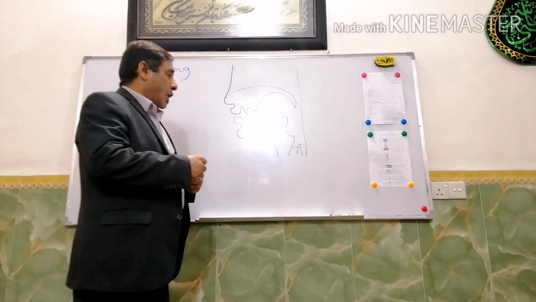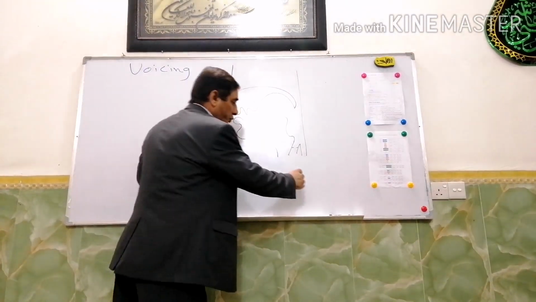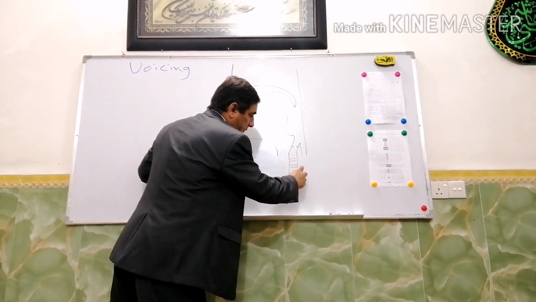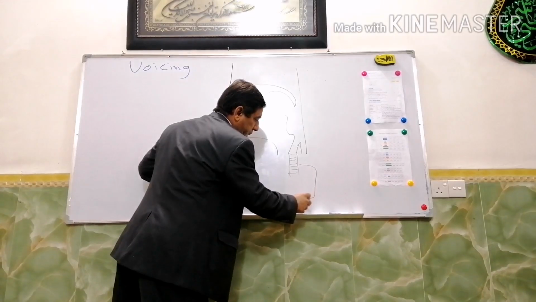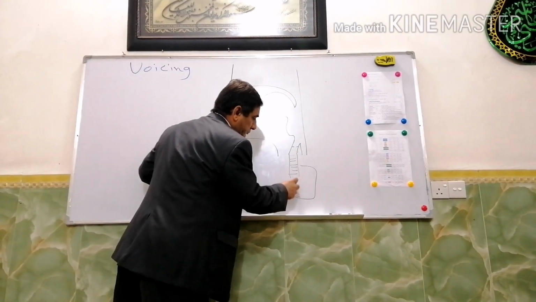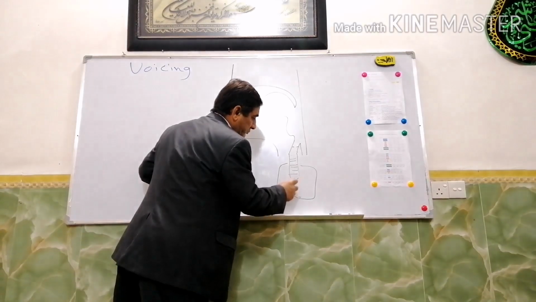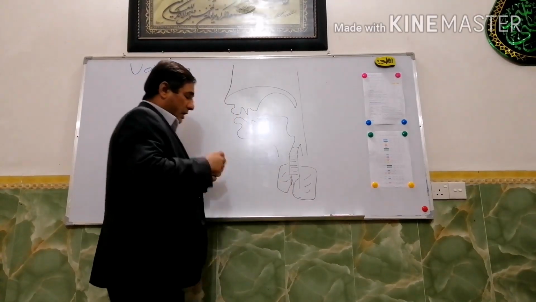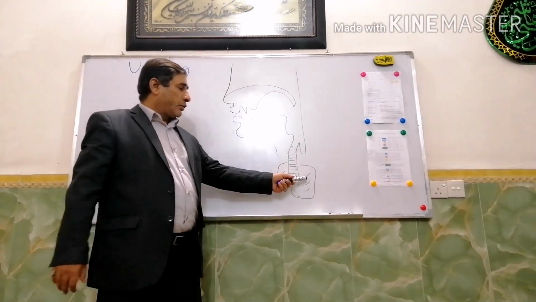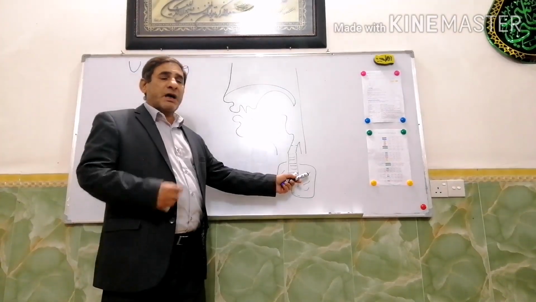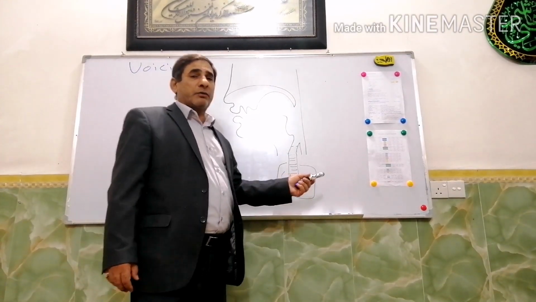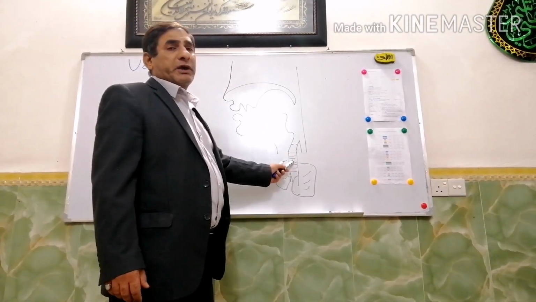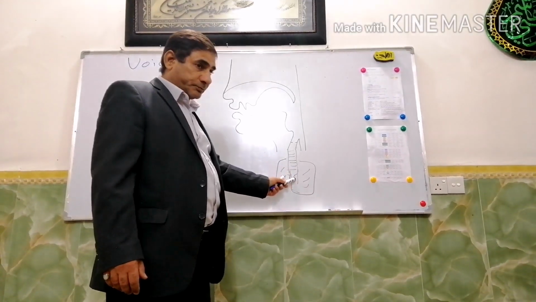As I said before, the breath is in the lungs, as we see here. Now these are the lungs. The breath that comes out of the lungs goes upwards, passing through the windpipe or trachea, القصبة الهوائية, coming from the lungs.